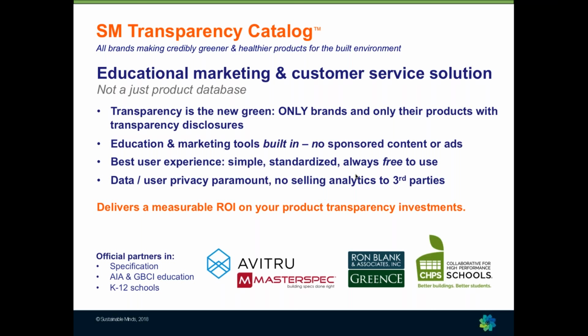So we decided to really support the green building rating systems, LEED being the first, to say, look, transparency really is the new way to measure green. And all of the manufacturers, for the most part, who have invested in product transparency were also the manufacturers who already got the single attribute certifications and ratings for the categories that they're in, which is why they've invested in transparency. It is the next bar.